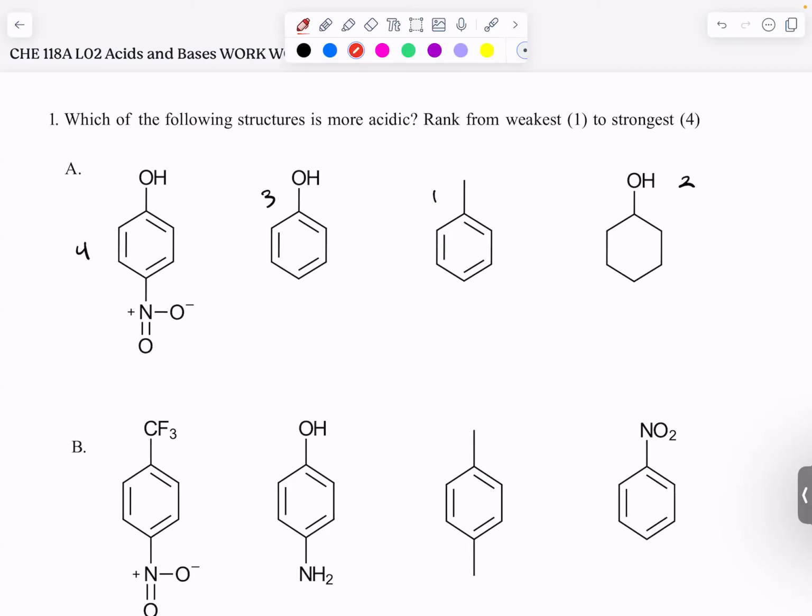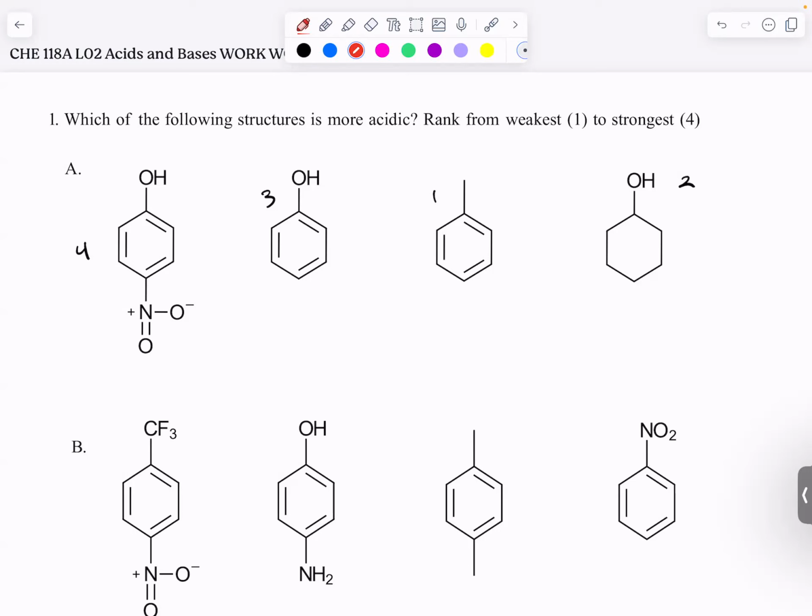The weakest. Wait. Okay, hold on. Now I've confused myself, because if it's more acidic and 4 is the strongest, which means it's the least basic. Yeah, no, I'm still okay with 4 because having that positive on the nitrogen means that it's electron deficient and it could be attacked.